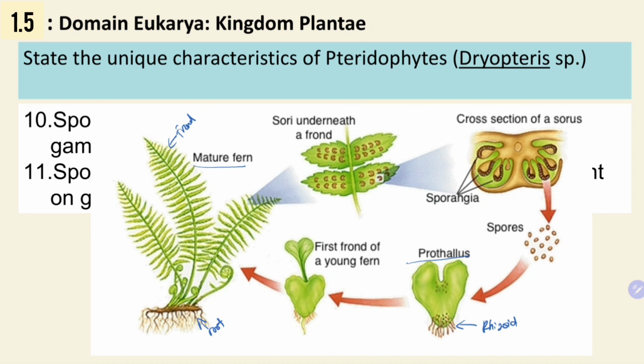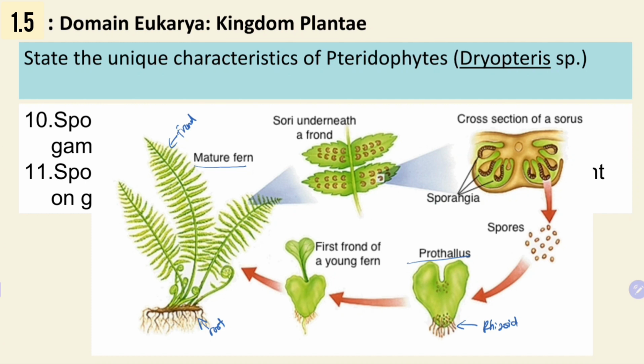This is not the same as Bryophytes. In Bryophytes, the gametophyte is the one that can photosynthesize and absorb water and minerals, while the sporophyte cannot. That's why the sporophyte is dependent. But for Pteridophytes, both the gametophyte and the sporophyte generation are able to undergo photosynthesis and absorb their own water and minerals. So they are independent of each other.